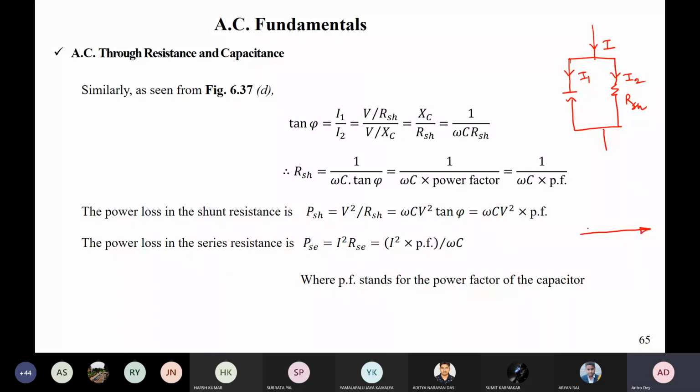It is named in the other way. This should be I1. So I1 will be in phase with I, isn't it? This is your I, and this is your I2, and the vector sum of this will give you your I.